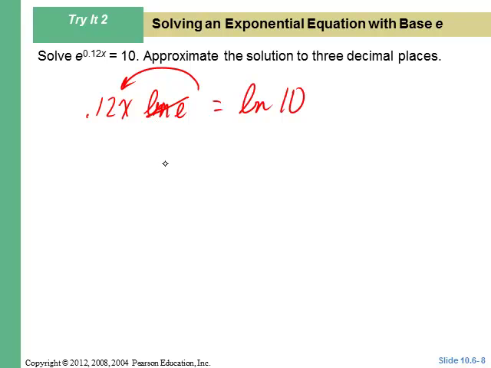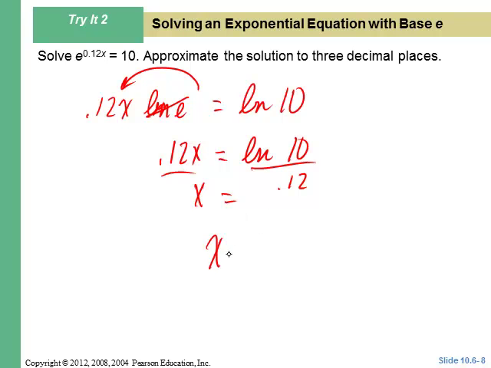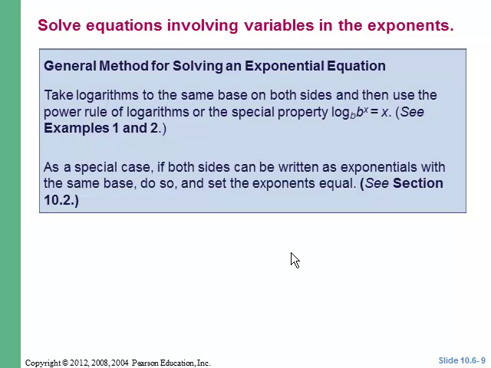This part is 1, so we have 0.12x is ln 10, divide both sides by 0.12, and you get x is ln 10, close parentheses, divided by 0.12, and you get 19.1882.